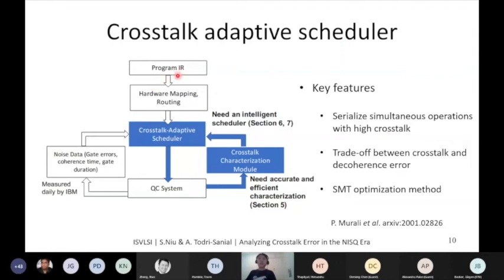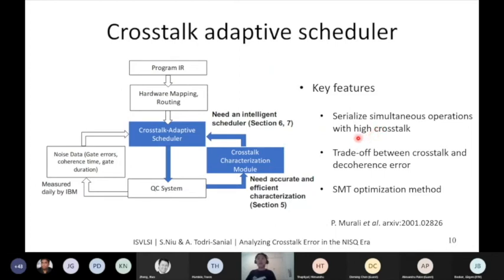Given a quantum circuit, it first goes through the hardware mapping and routing process to make the circuit executable on the hardware. And then it is passed to this scheduler. It takes the noise data and crosstalk properties into account to try to serialize some of the simultaneous operations with high crosstalk.